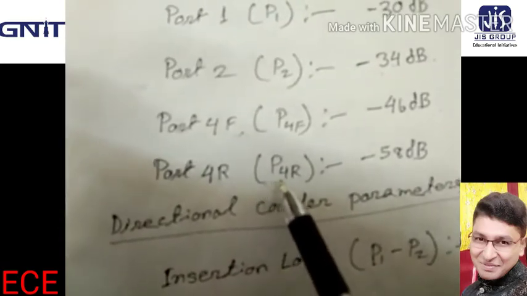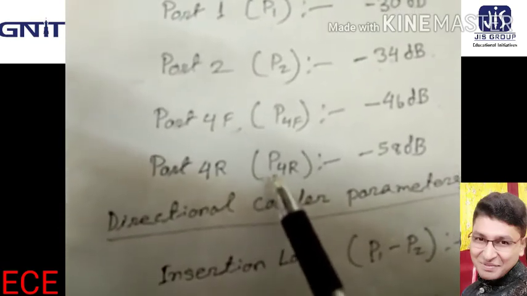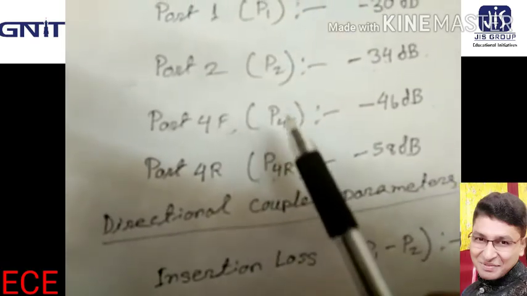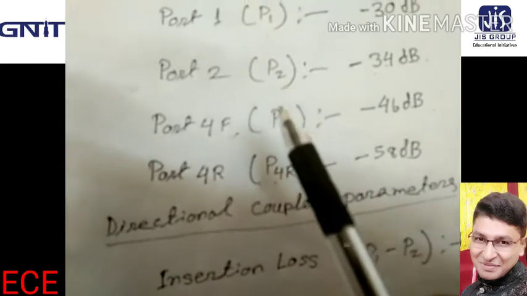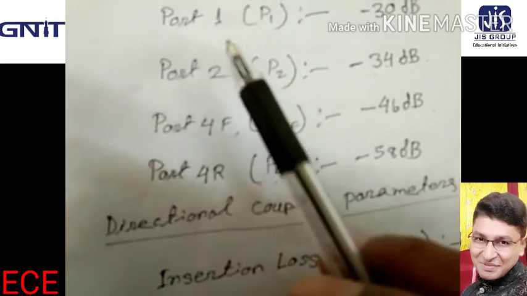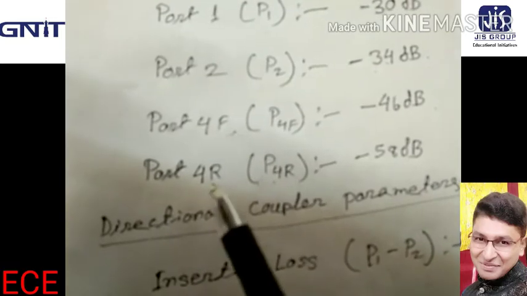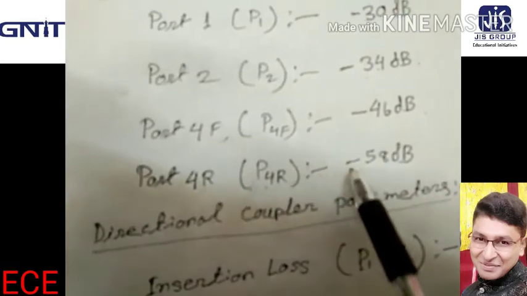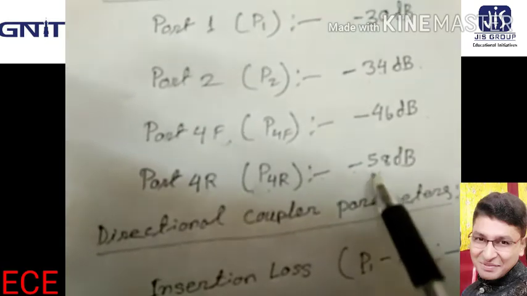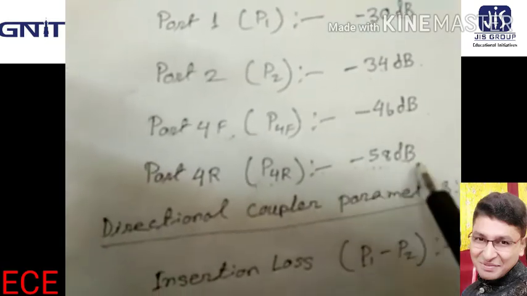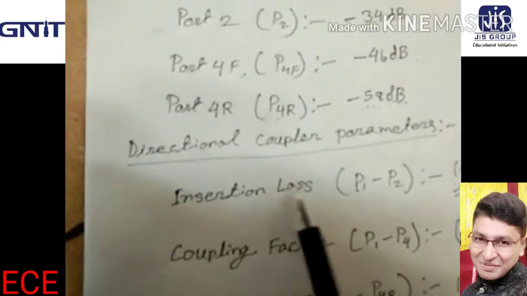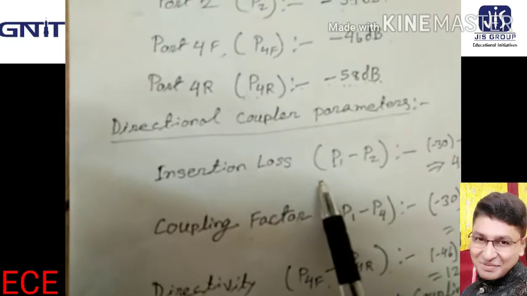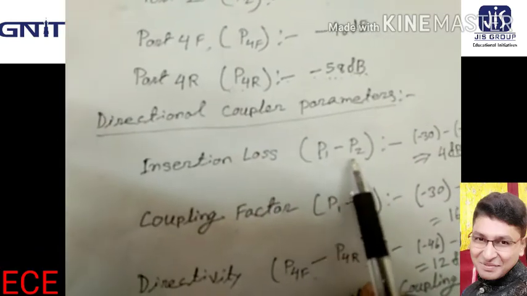Port 4 in reverse direction: when the input is port 2 and the matched circuit is port 1, then the port 4 reverse value is minus 58 dB. Now the directional coupler parameters: insertion loss is equal to P1 minus P2.